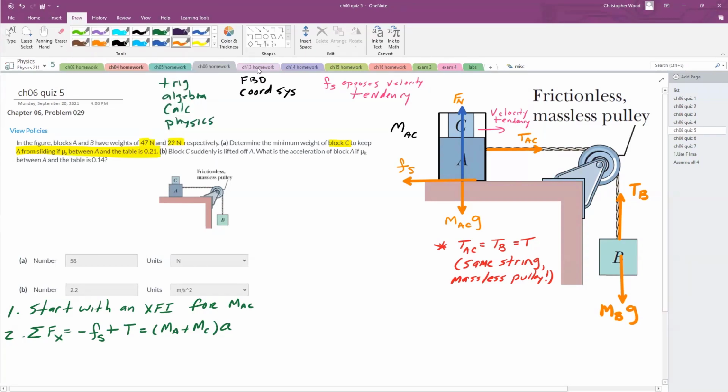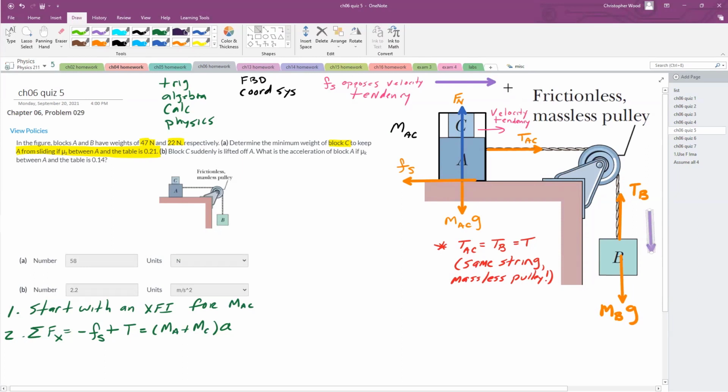I know that it's along the table surface. So for block AC, the acceleration is along the table surface. That's good to know. For block B, I know for sure it's vertically up or vertically down.